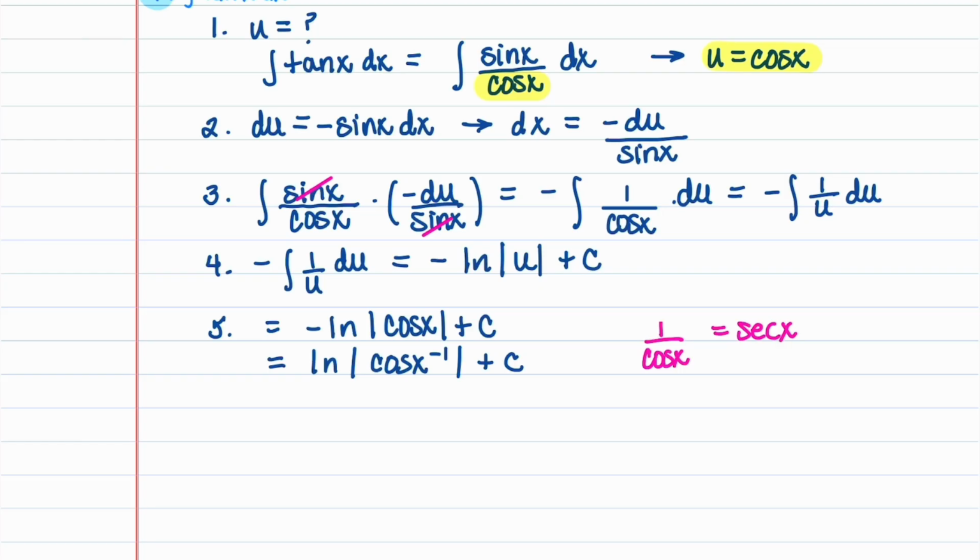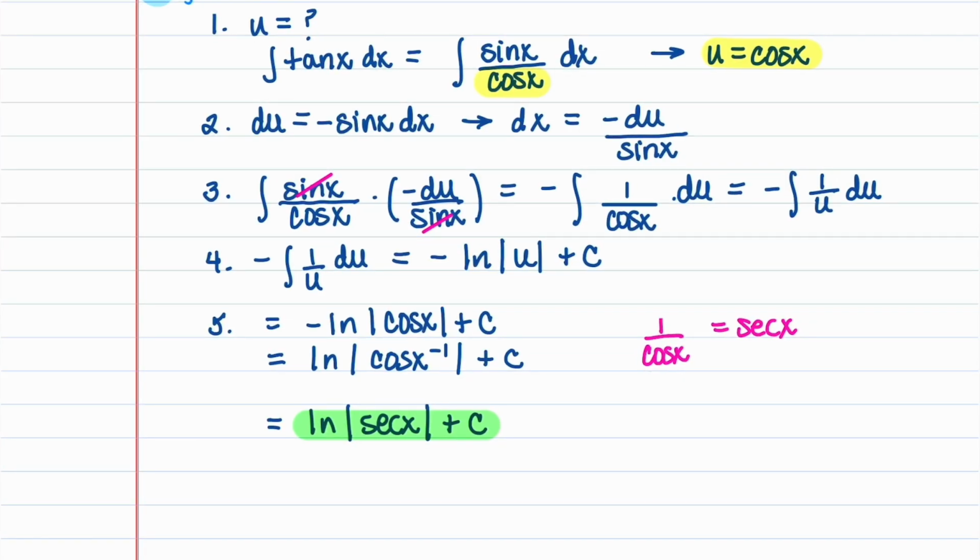So we can write our final answer as the natural log of the absolute value of secant x plus c. And that's the standard way to write this integral. You might want to add this to your list of integrals. We found that the integral of tangent x dx was the natural log of the absolute value secant x plus c.